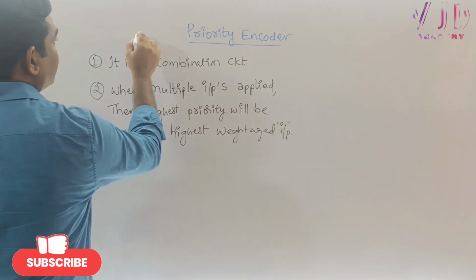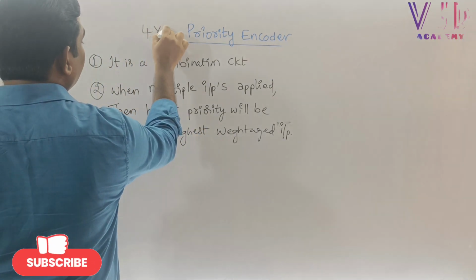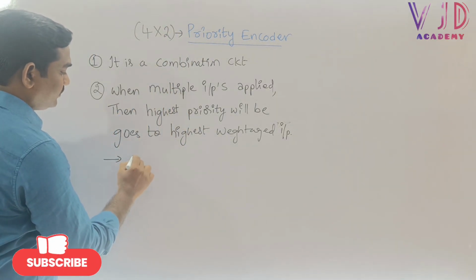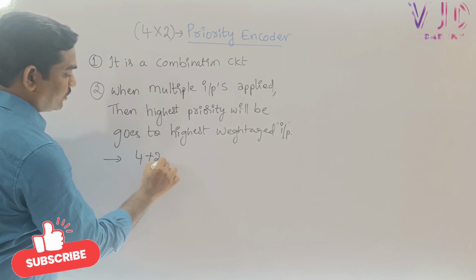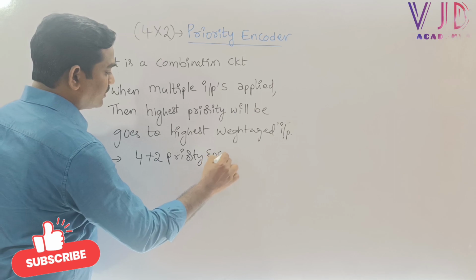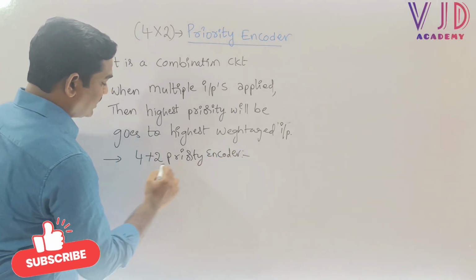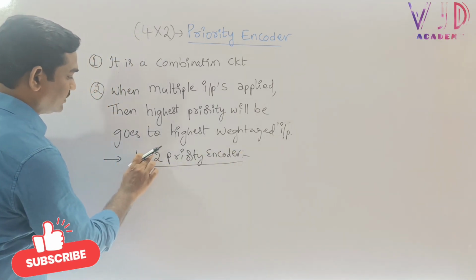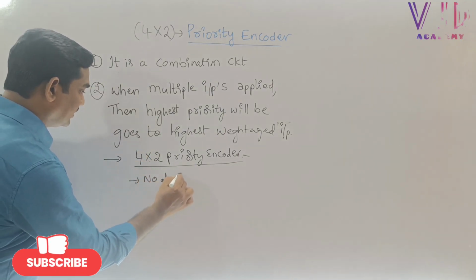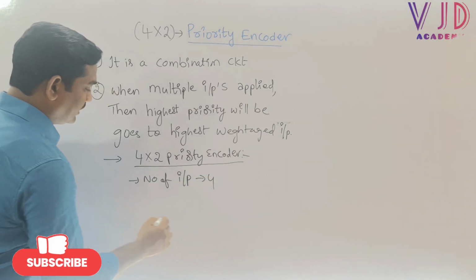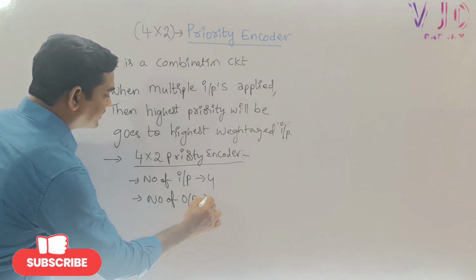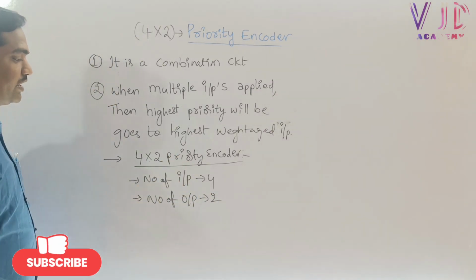If you see a 4 into 2 priority encoder, then the number of inputs is 4 and the number of outputs is 2. This is what a priority encoder is.